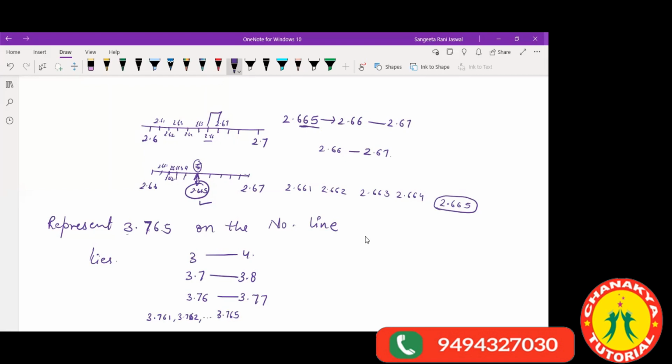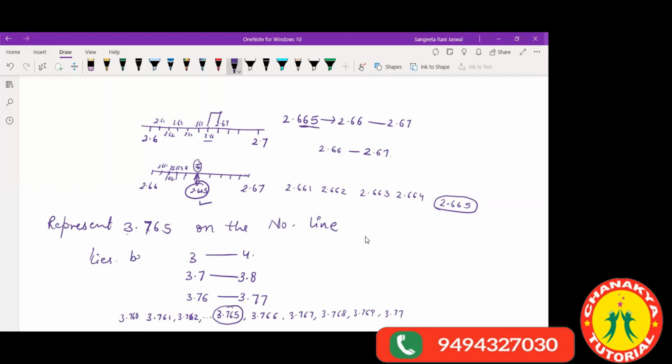The next number would be 3.766, then 3.767, 3.768, 3.769, then 3.77. So where did we start? We started from 3.760 towards 3.77, and here we have got our final number 3.765.